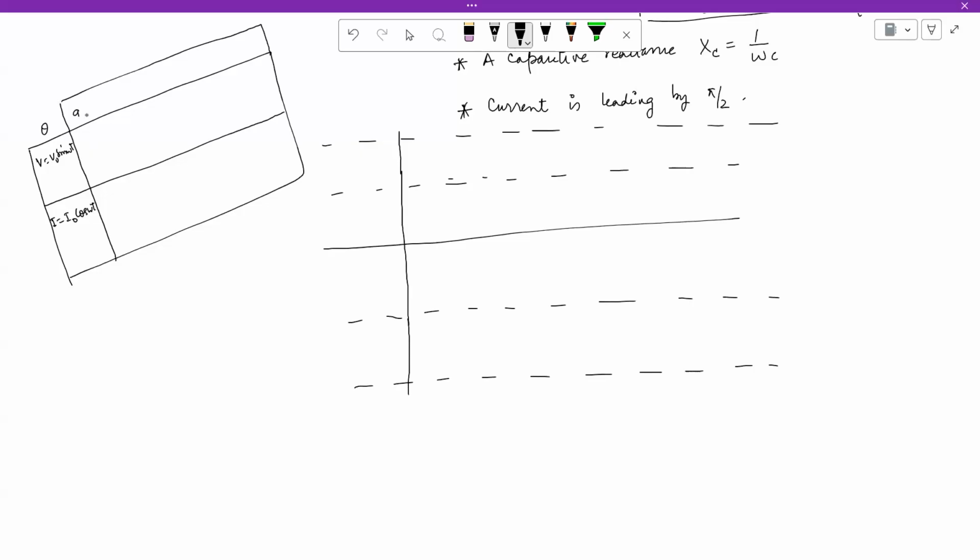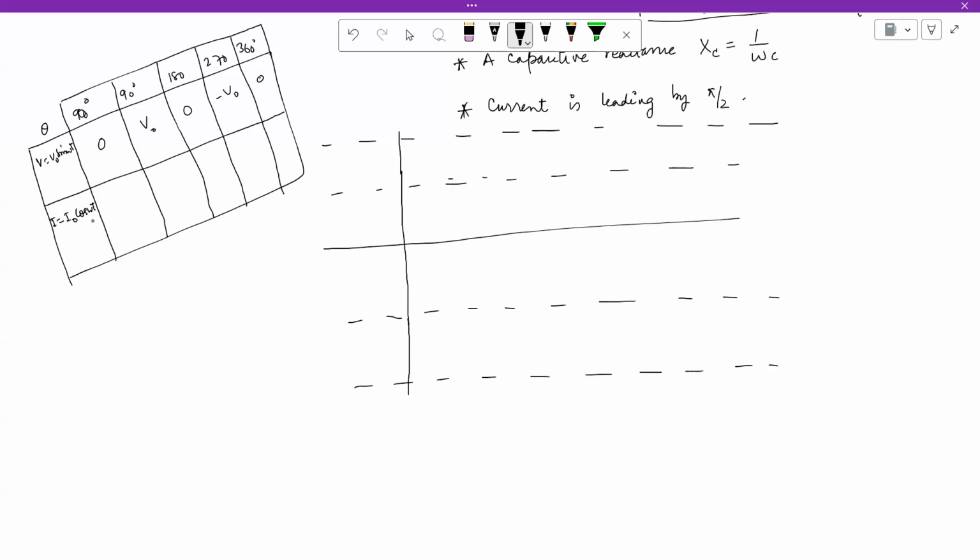So this is 0 degree, 90 degree, 180, 270, and then 360. So this is 0 and this is V naught. This is 0, minus V naught, 0.